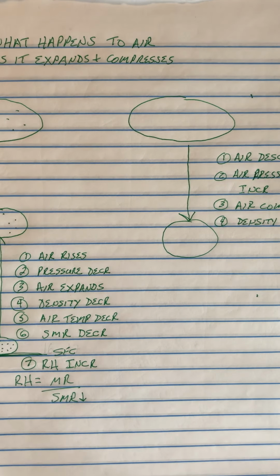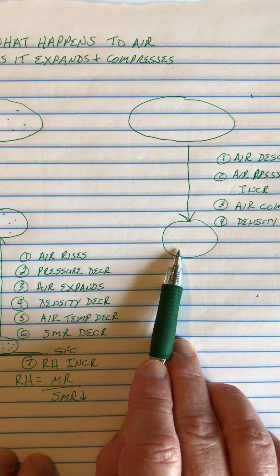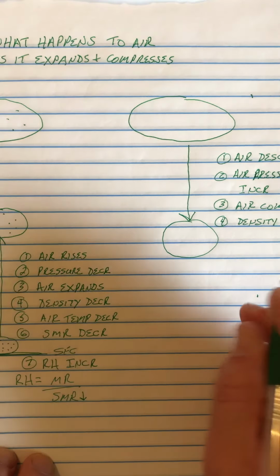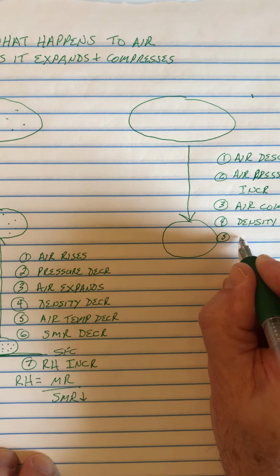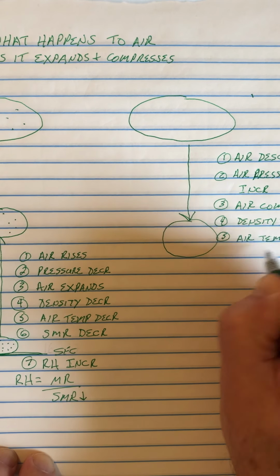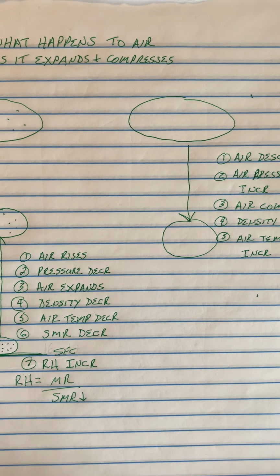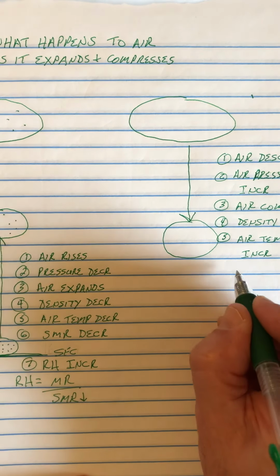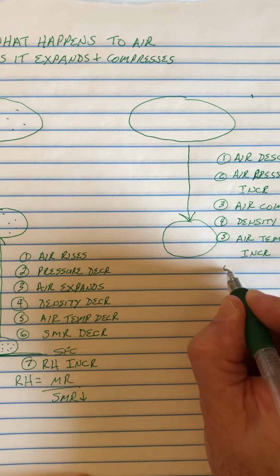You have the same number of air molecules, the same mass of air in that parcel, but the parcel's getting smaller, the volume's getting less, and therefore the density is going to increase. If the density of the air is increasing, that means the air temperature is going to increase. And as the air temperature increases, remember, if you know the air temperature, you know the saturation mixing ratio.